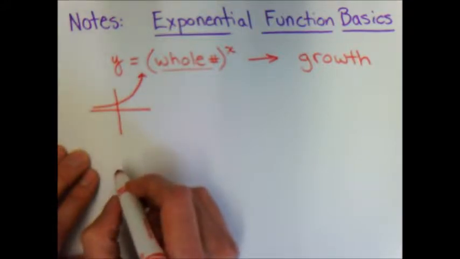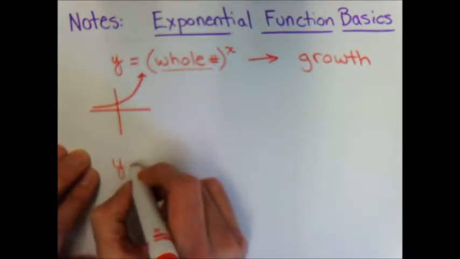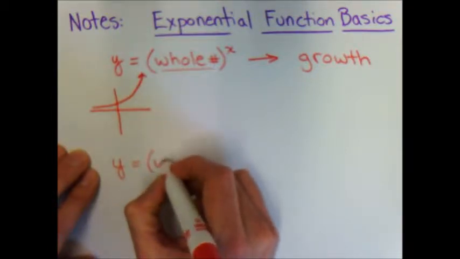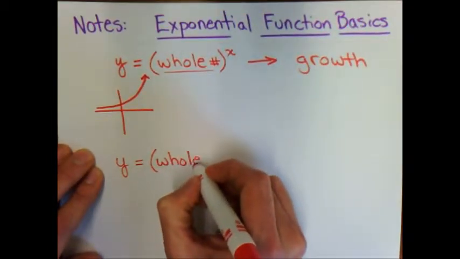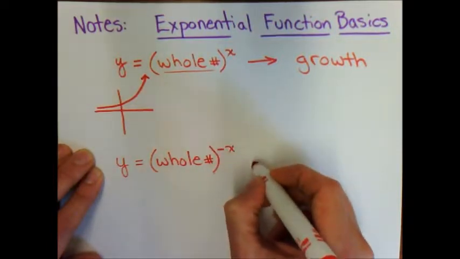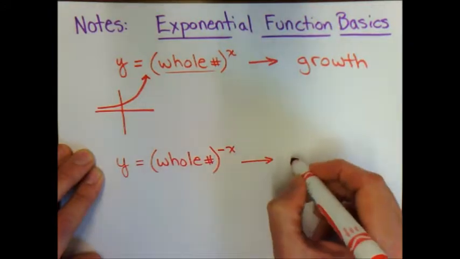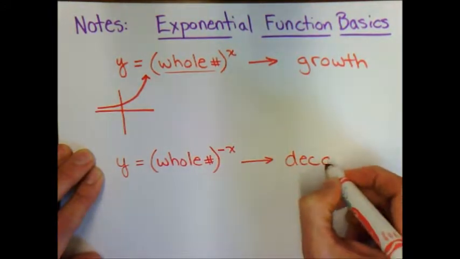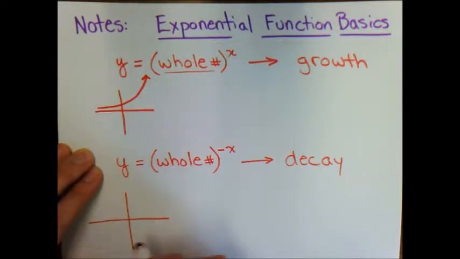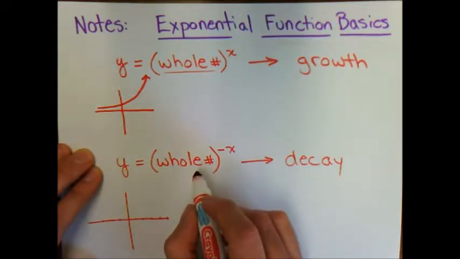Okay, next we have an example of exponential decay. So we have the same basic formula. We're going to have y, where the base is a whole number, and we're going to raise it to a negative exponent. This is going to result in a model for decay. And now, every time x gets bigger and bigger, we know that this is going to get flipped.